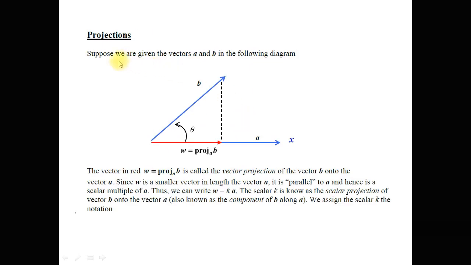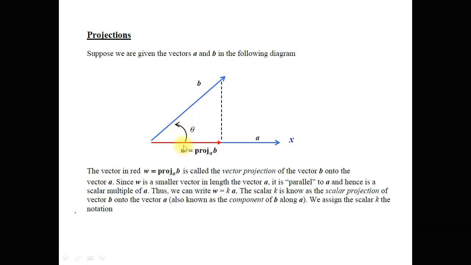Now projections. Suppose we are given the vectors A and B in this diagram. You see over here this is vector A along the x-axis, and this is vector B, and this is the inclination, the angle between these two vectors.